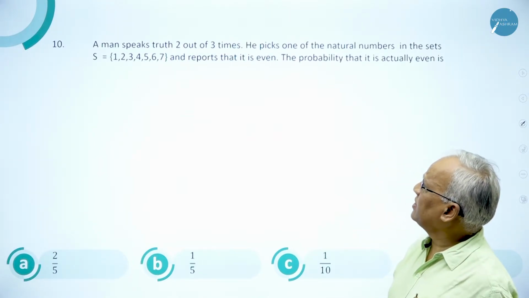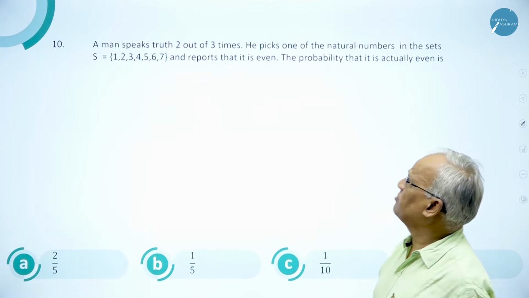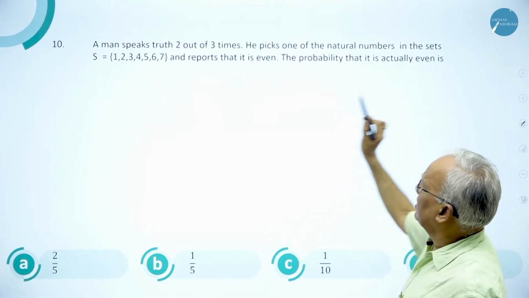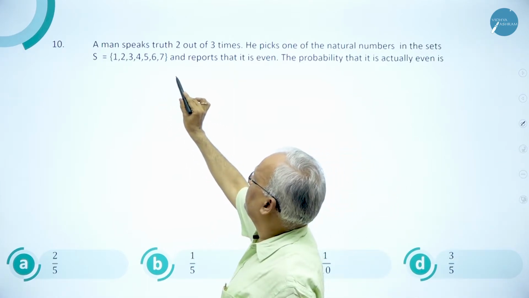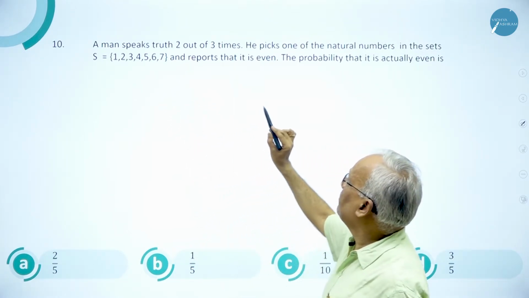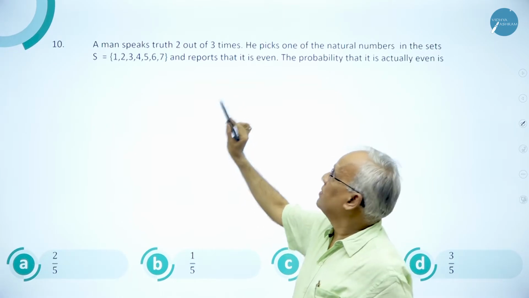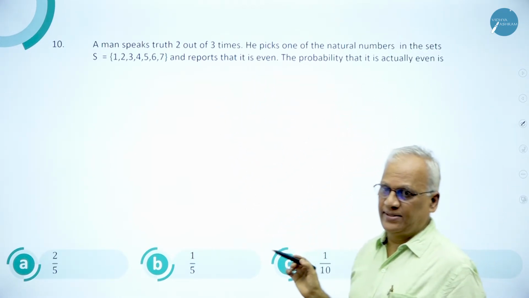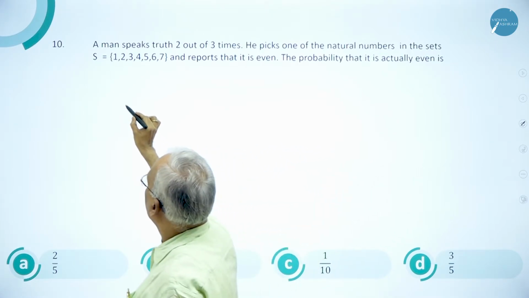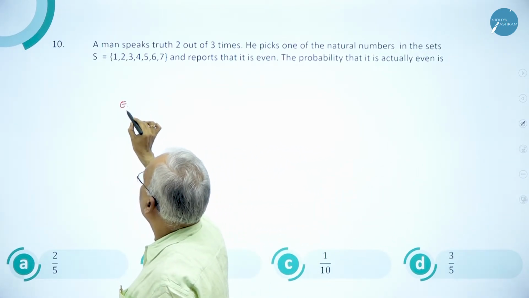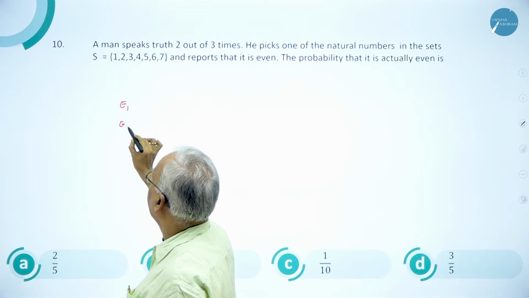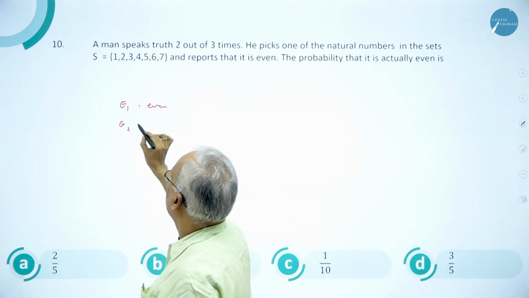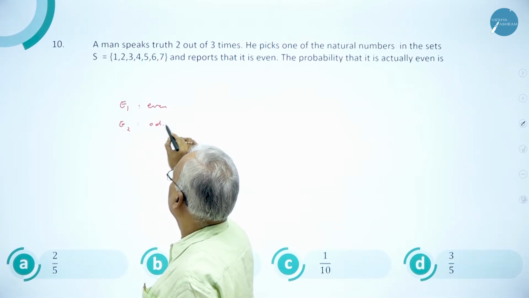A man speaks truth 2 out of 3 times. He picks one of the natural numbers in the set 1, 2, 3, 4, 5, 6, 7 and reports that it is even. The probability that it is actually even is, say here, you define two events, E1 and E2, as an even number occurs, an odd number occurs.